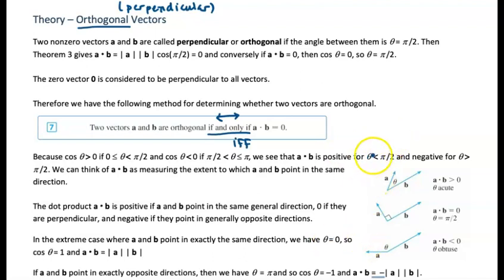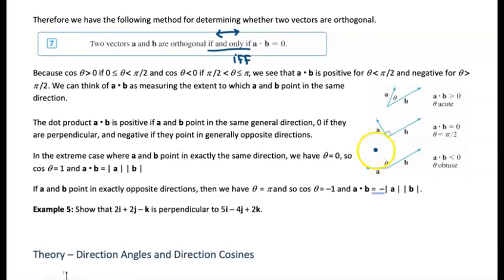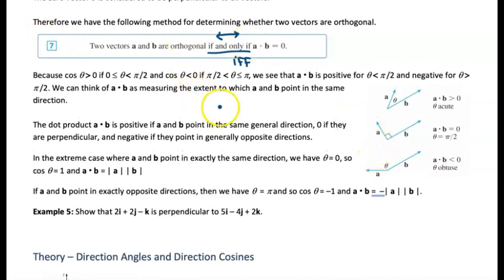So let's talk a little bit about these angles. So we remember that with the dot product, we're really applying the directional growth of one vector to another. If we have an acute angle and we apply the directional growth of B to A, and they're facing in the same direction, if it's an acute angle, that means they're facing in the same direction, well then this change is going to be positive.